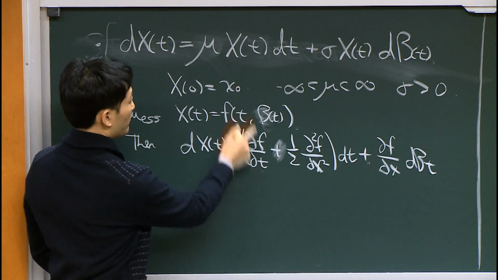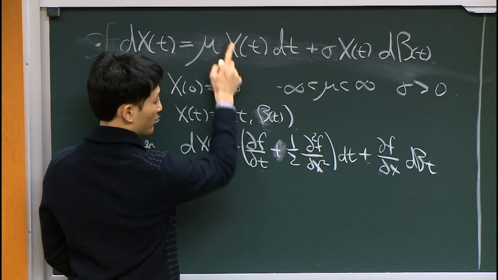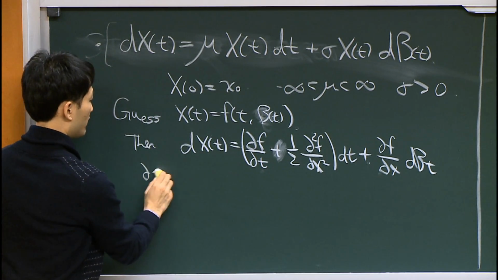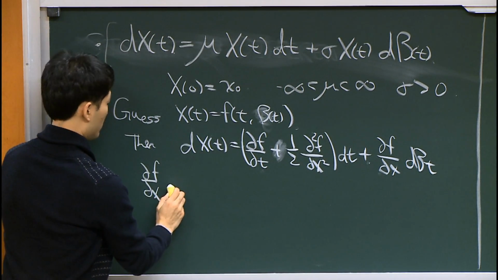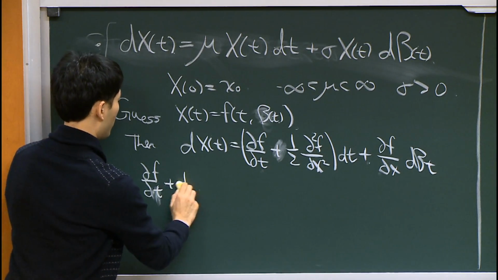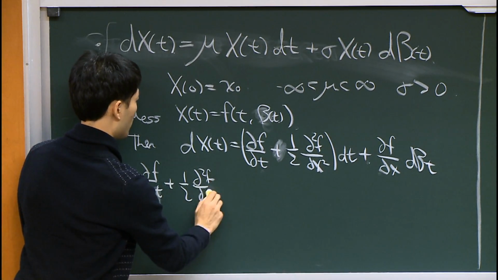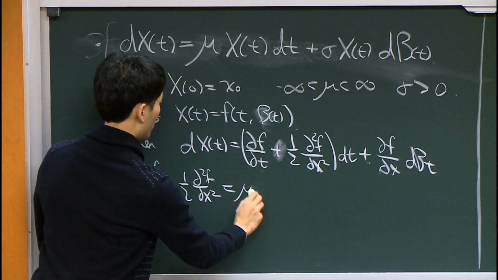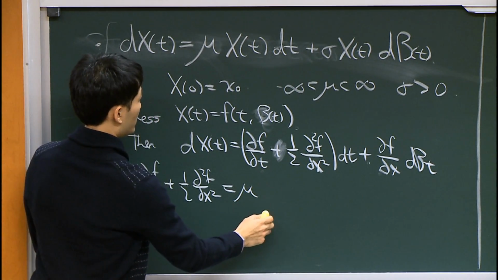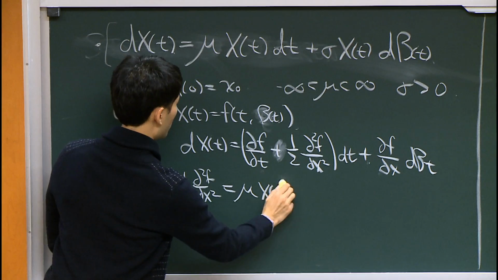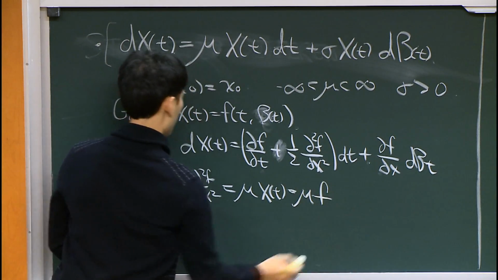And then these two have to match. That has to be equal to that, and that has to be equal to that. So we know that del f over del x of t and B_t times mu of x_t is equal to mu of f.